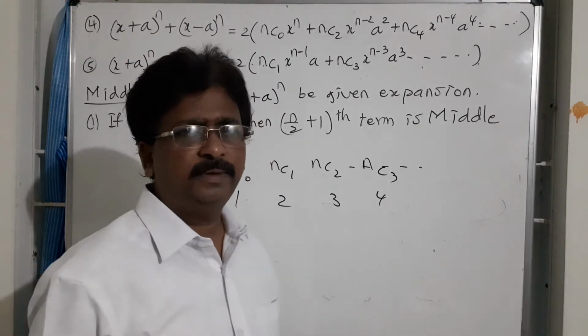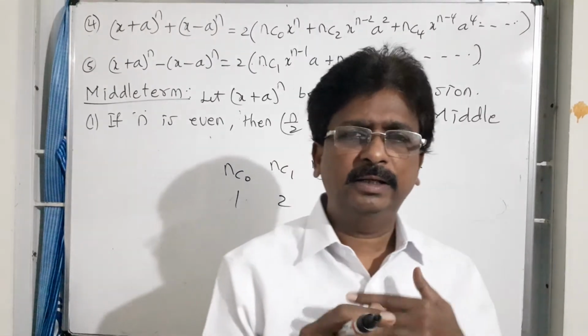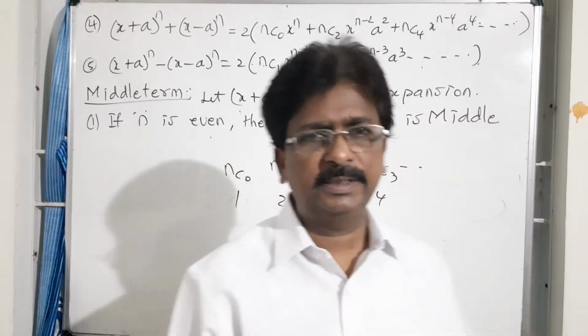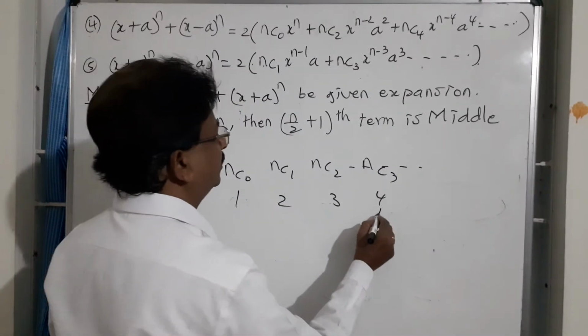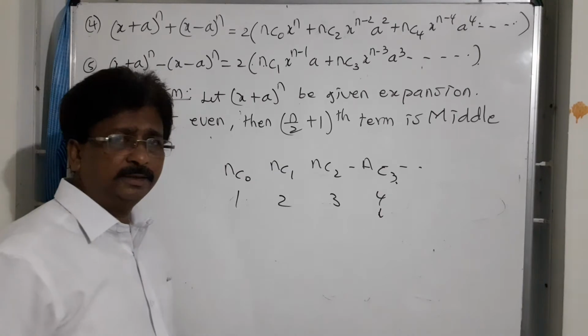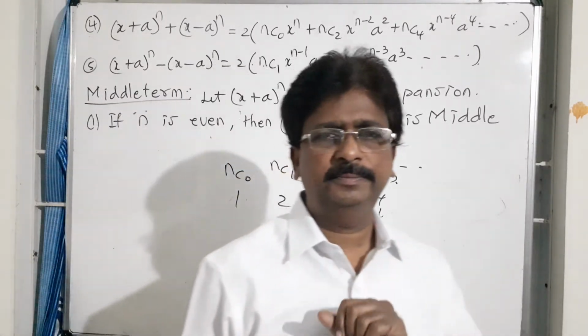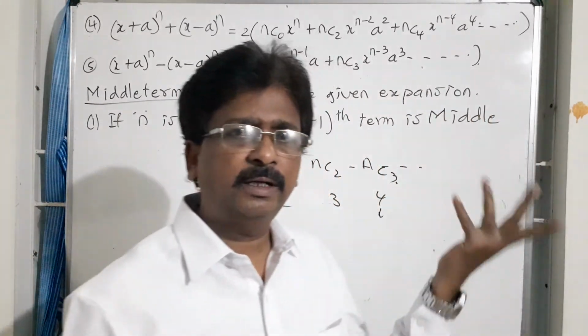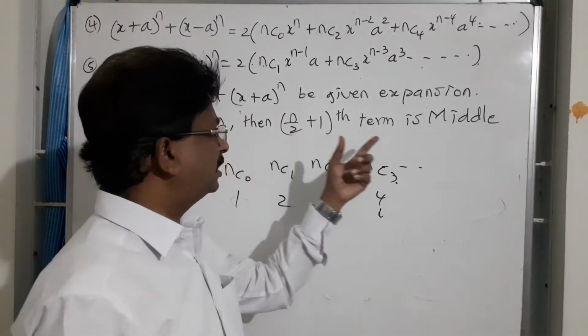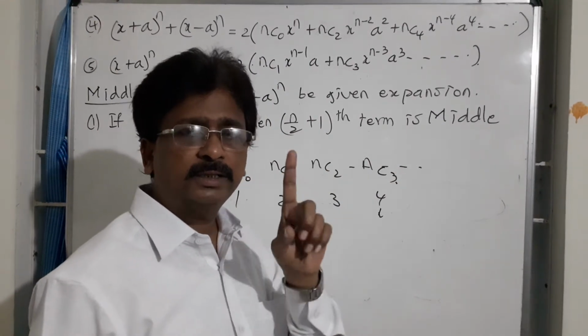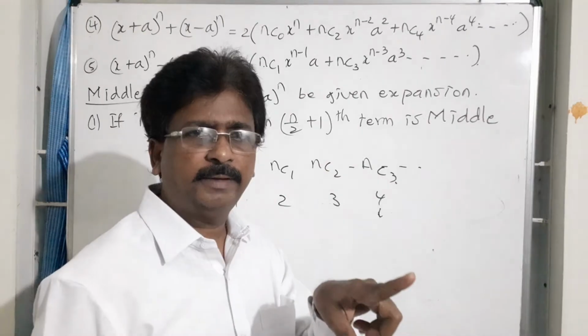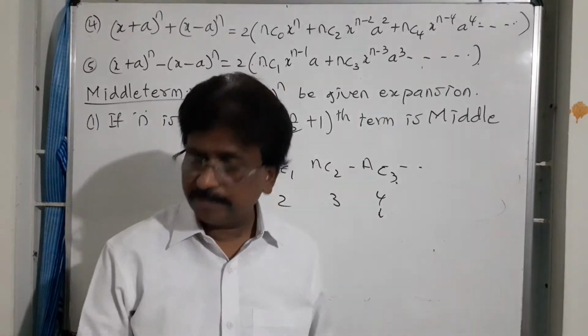There is a relation between the term number and the suffix of C. If you see term number 4, the suffix of C is 3. That is 1 less. Here also the same thing applies. So the (n/2 + 1)th term is the middle term. The suffix is 1 less, that is n/2. So r is n/2.